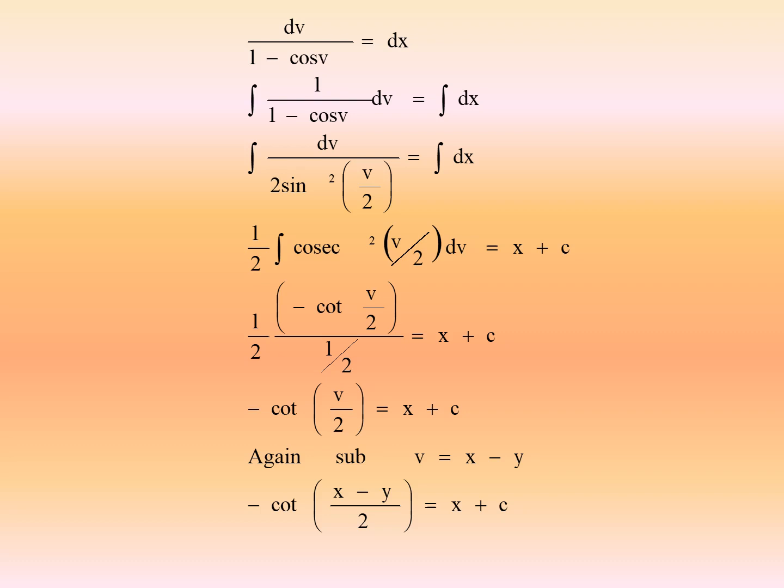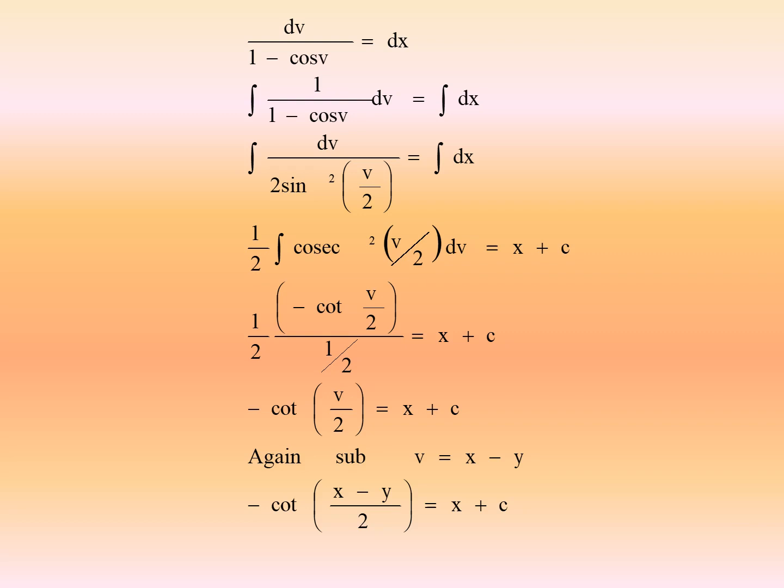So integral 1 by (1 minus cos v) into dv is equals to integral dx. Next line, if you look into the next line, integral dv by (2 sine square of v by 2) is equals to integral dx. If you look into the left side of the integral, in place of 1 minus cos v, we directly substitute 2 sine square of v by 2.